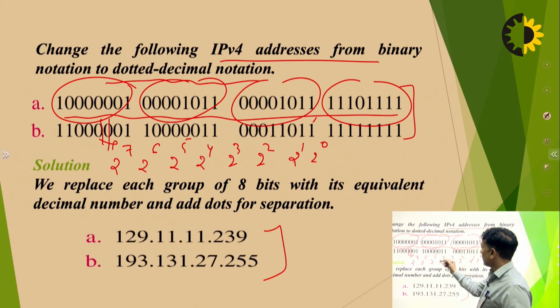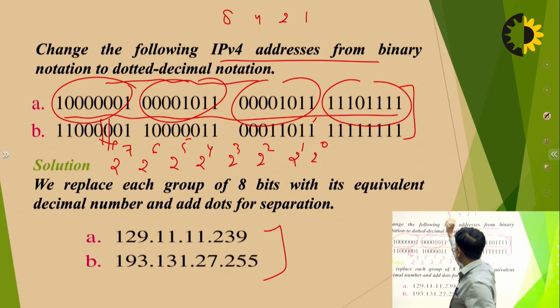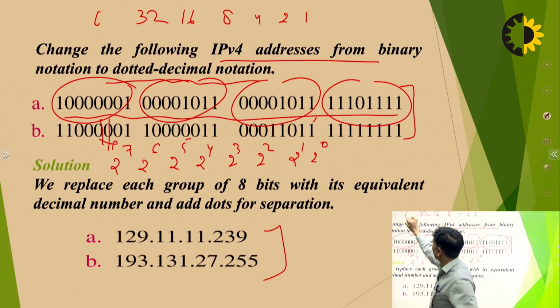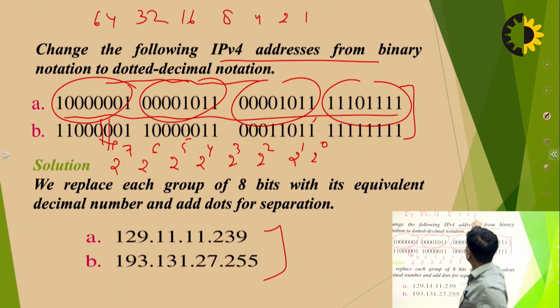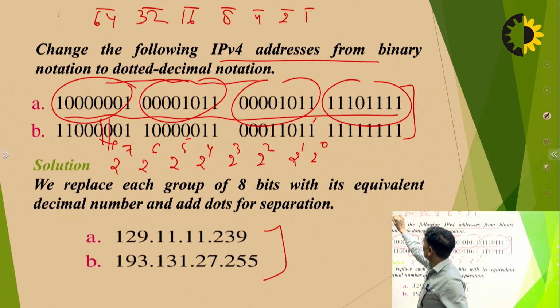If we write these in decimal, the weights are 1, 2, 4, 8, just twice each time, 16, 32, 64. How many bits are there? First bit, second bit, third bit, fourth bit, fifth bit, sixth bit, seventh bit, and then 128, the 8th bit.